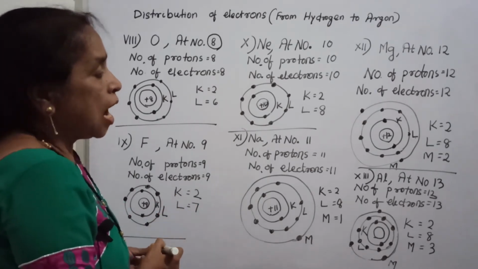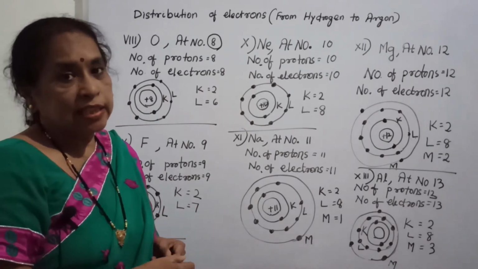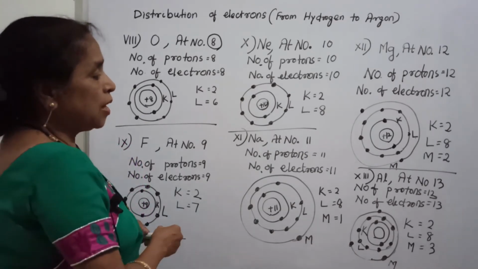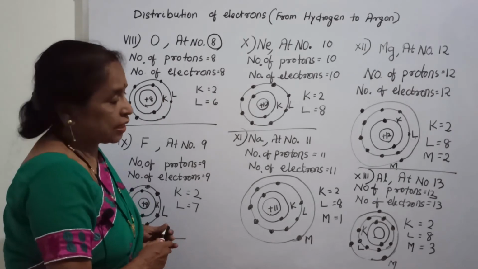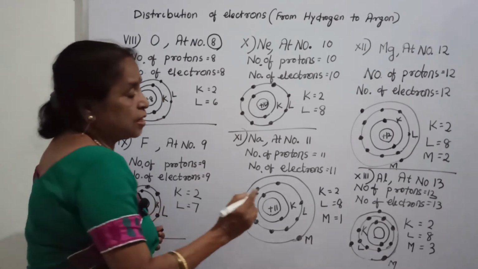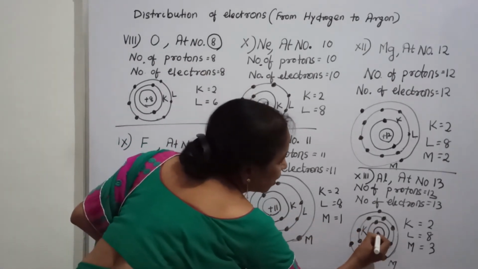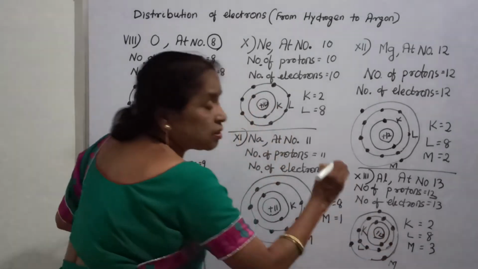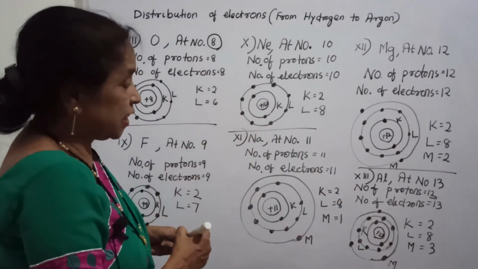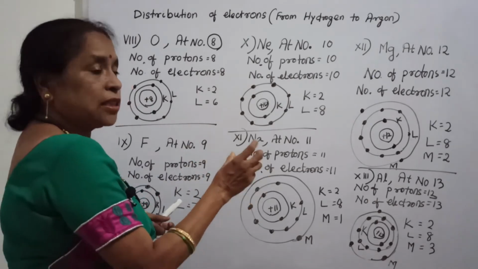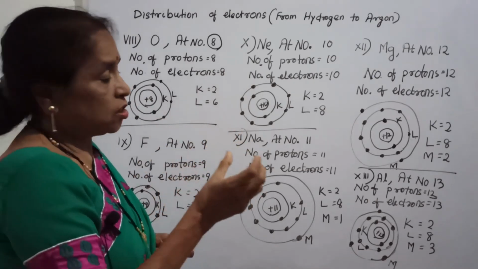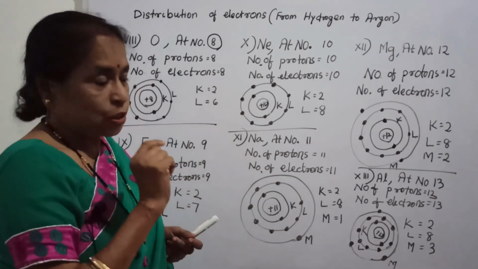Then come to atomic number 13, that is aluminium. Now number of protons 13, number of electrons also 13. The nucleus is represented by plus 13 because 13 protons are present inside the nucleus. K shell has 2 electrons because the maximum electron capacity for K shell is 2.